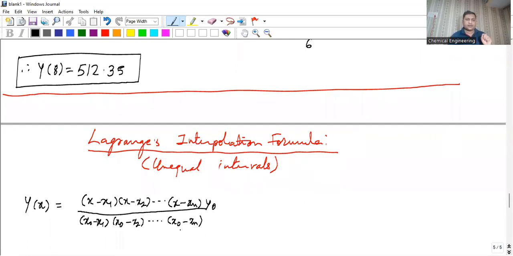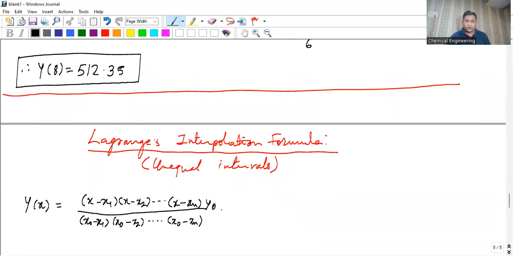Try to understand the construction of this term. We want to find the value of y at x. So we have x minus x1, x minus x2, up to x minus xn. x0 is not taken in the numerator, but in the denominator we have x0 minus x1. These are not equally spaced values, so the difference between x0 and x1, and x1 and x2, is different.